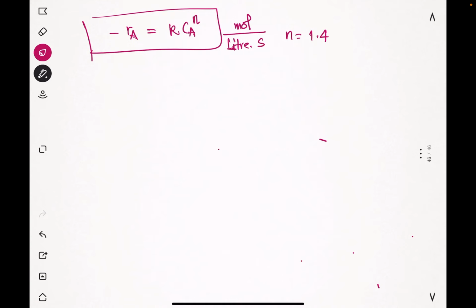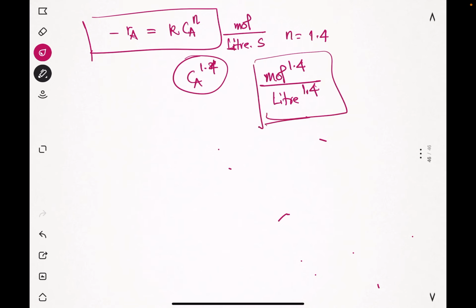And here we have Ca to the power n, which is Ca to the power 1.4, which makes the unit of this term mole to the power 1.4 by liter to the power 1.4. So now we know the unit of the entire equation and the unit of the concentration dependent term. Now we can easily figure out the unit of this temperature dependent term, or the specific reaction rate.